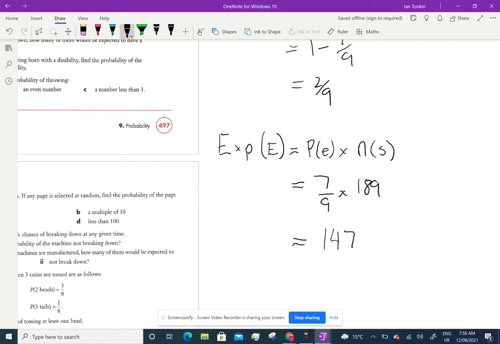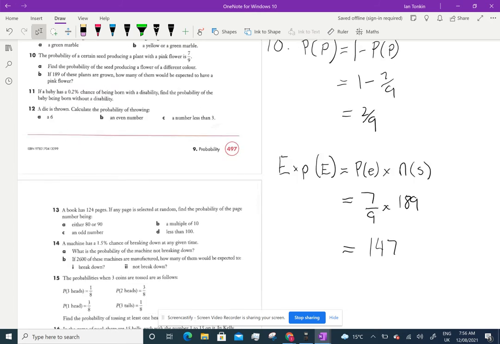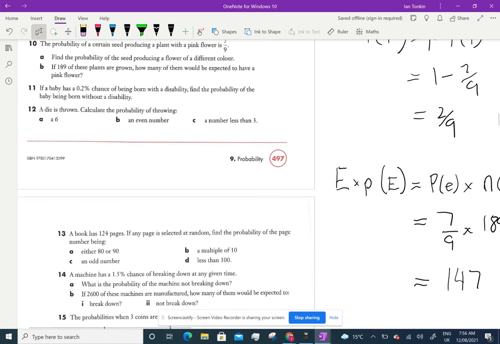That's how many you would expect. Would you get that many? No, because this is theoretical probability. And when you're growing these flowers, I don't know, you might get 150, you might get 140. You might get 189 pink flowers. But the probability, based on whatever data they've got, is that you would expect 147.